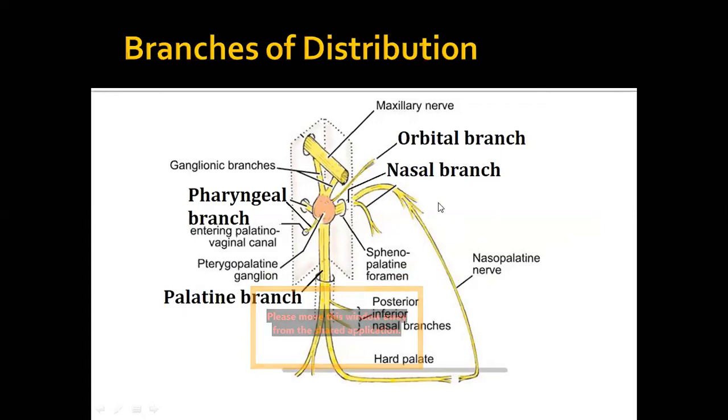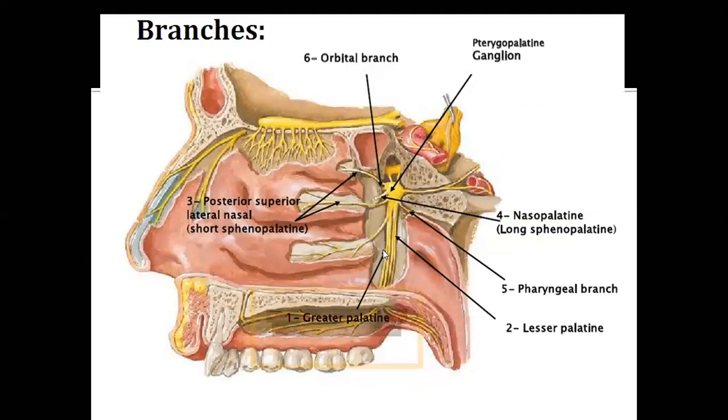So totally 5 branches: orbital, nasal, pharyngeal, palatine, and lacrimal. You can see the branches here. This is the orbital branch, and you can see the 2 nasal branches here, the pharyngeal branch here and the palatine branch here.